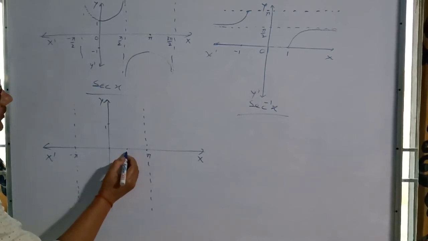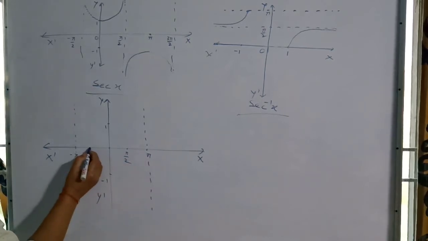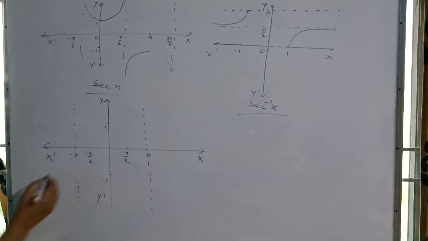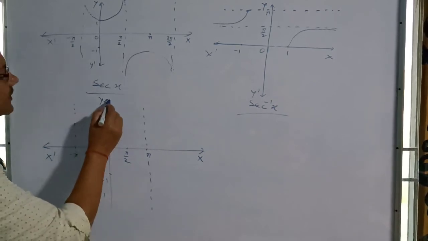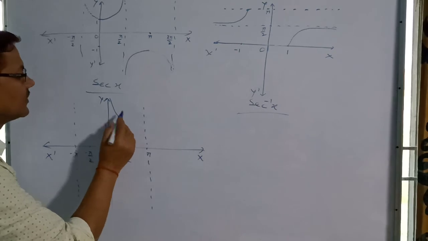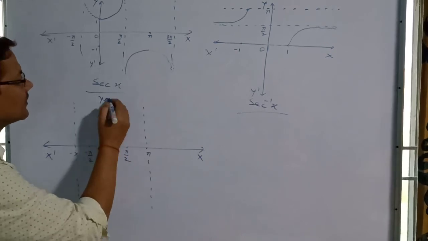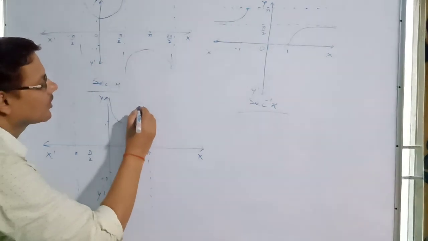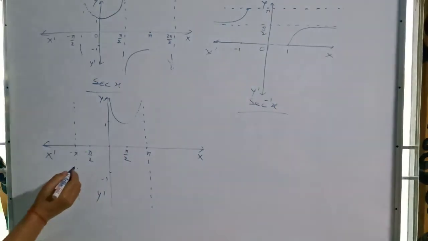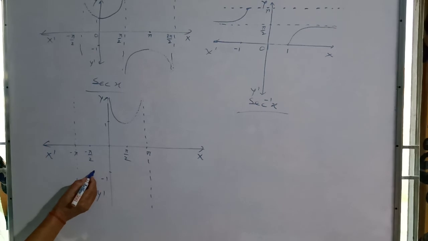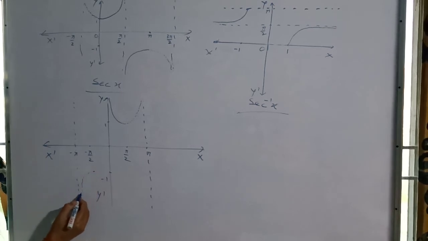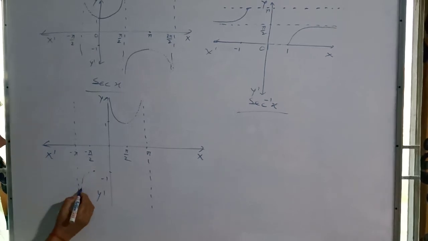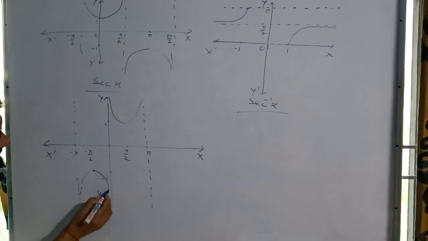Here we have pi by 2 and here minus pi by 2. The nature of the graph is like this. This is 1, this is 1, and the rest is not a part of its principal value branch, that's why dotted lines, and it is minus 1.